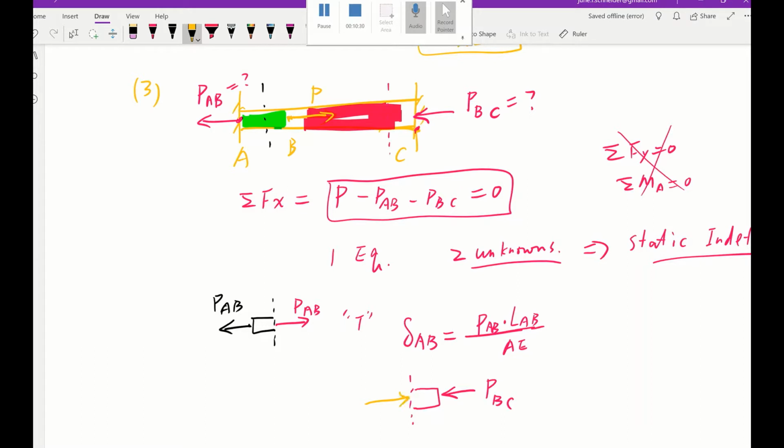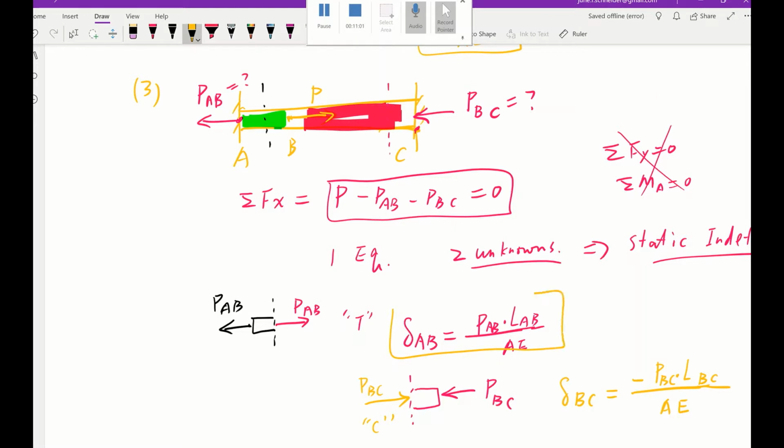The internal force has to be going that way to balance it. That's PBC. And that's going to be our compression. It compresses that section. So in that situation, we can write it down. Delta BC section, this red highlighted area, is subjected to contraction, so it's negative. And the internal force is PBC, and the length is LBC, over AE.